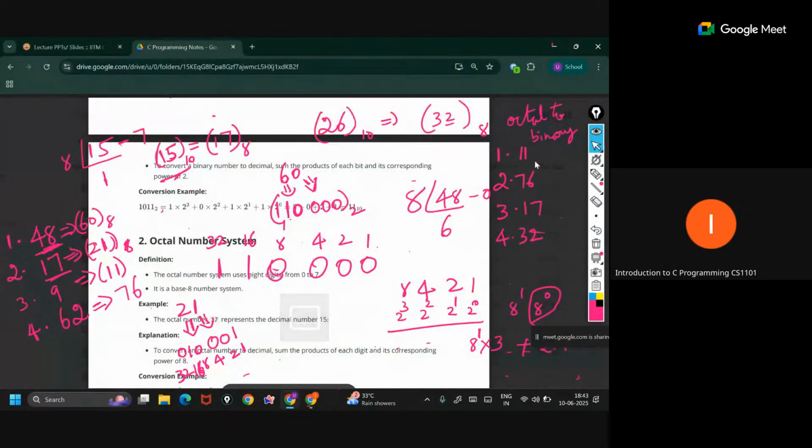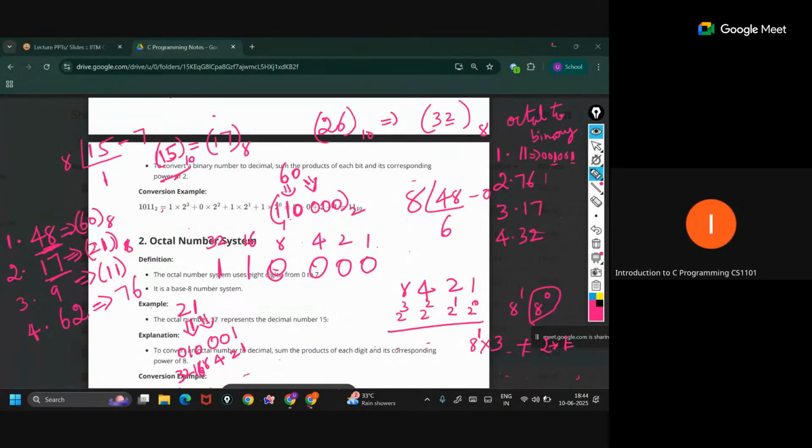So for 11, how to represent it? It has to be 0, 0, 1, again 0, 0, 1, which means 8 plus 1 gives 9.